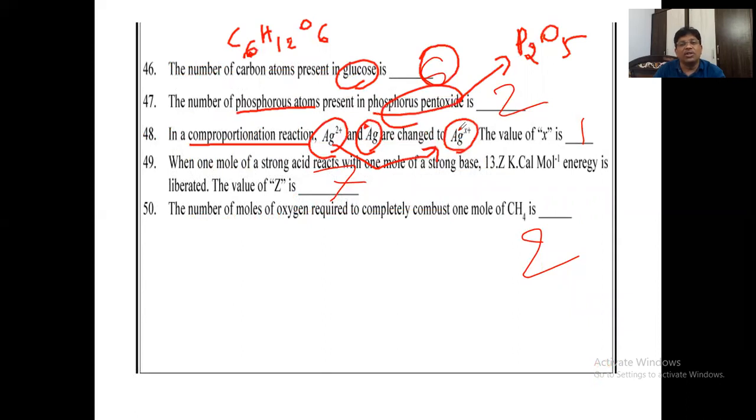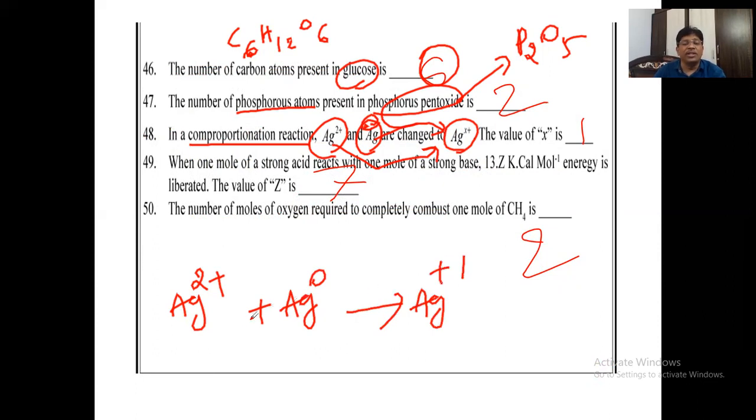So Ag0 is going to Ag plus X, and Ag plus 2 is also going to Ag plus X. Okay. So in this reaction, what we have to understand is that Ag plus 2 plus Ag0 will go to Ag plus 1, remember.